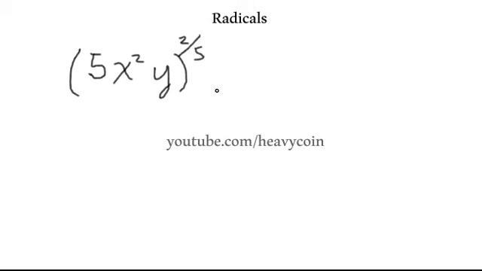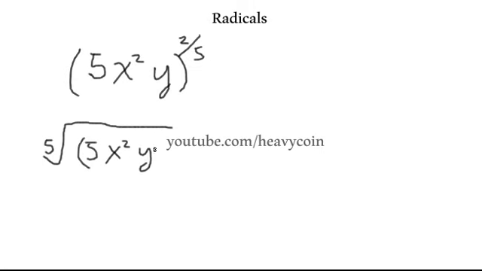And we want to get this in radical form. So this is going to be 5 roots of 5 x squared y, and because we have a 2 up here, this is all squared inside.